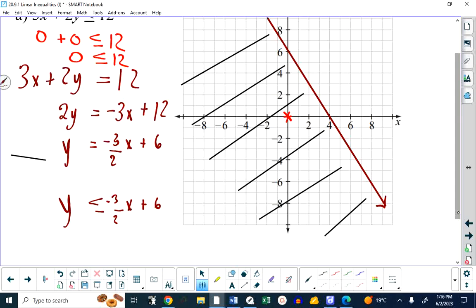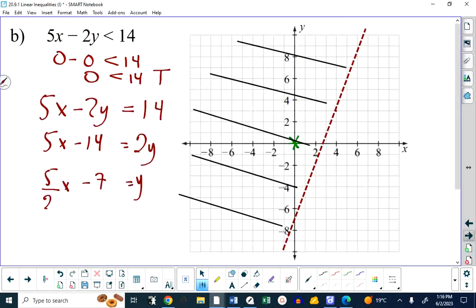It's lower than, which is why it's shaded below. But if you rearrange this inequality for y, not with the equals, but you rearrange the inequality, you're going to get this. But if you look at what that's telling you about y, y is greater than. It's above the line. So that's the other way you can do it. I like the test point, though.